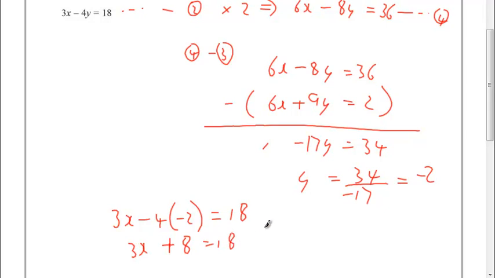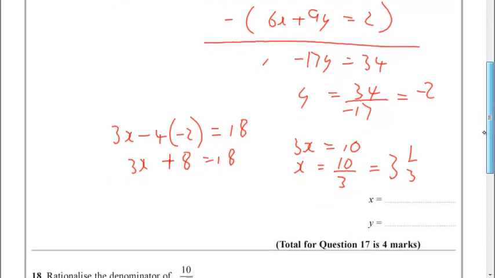So take the 8 from both sides, 3x equals 10, x equals 10 over 3, which equals 3 and 1/3. And do place them in the correct place. So that was there. And it's okay to do a little arrow like that, that's okay. Minus 2. Done.